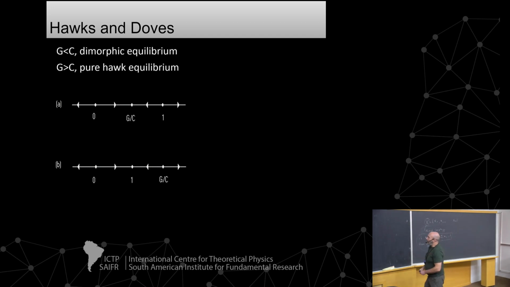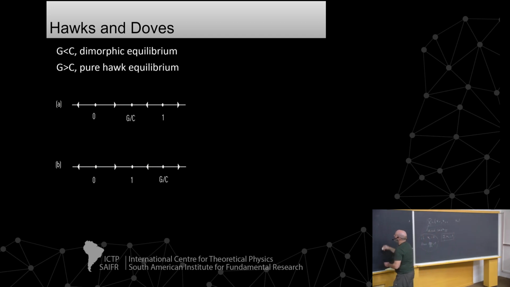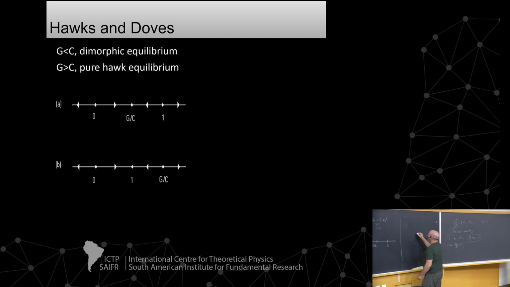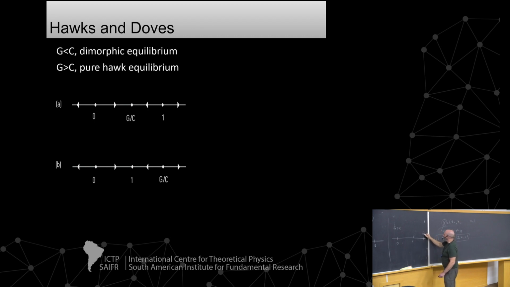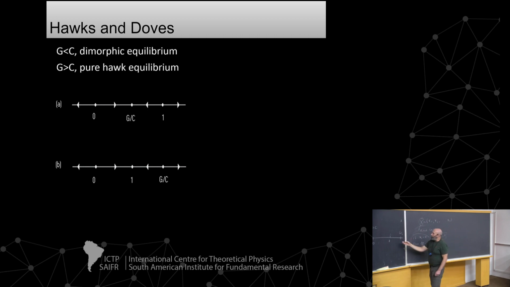Now let's move to a different situation. Suppose now that G is greater than C. So what we have now is that 0 is here, 1 is here, and G over C is here, because G is greater than C. And again, let's try to analyze the derivative.